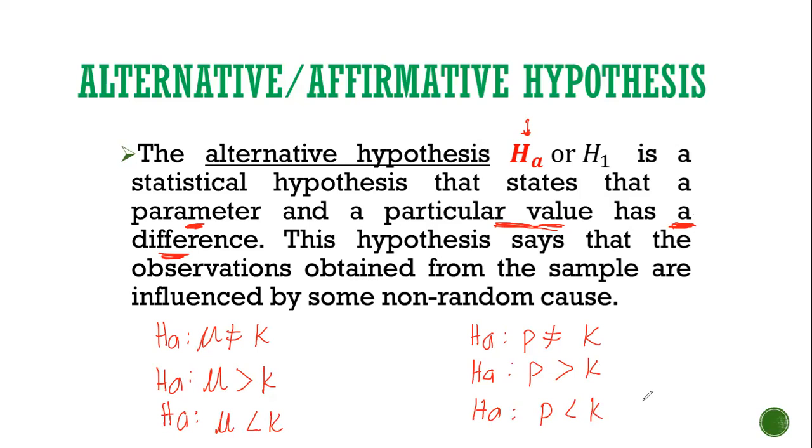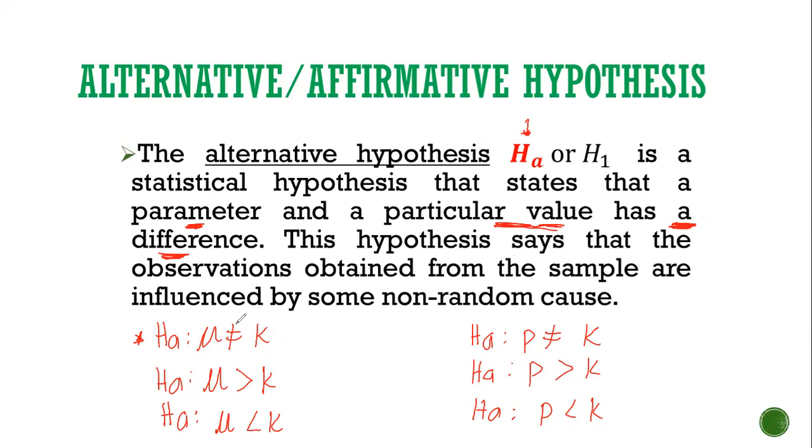Ulitin natin ha. Pag sa null hypothesis, no difference. Ibig sabihin, equal silang dalawa. Dito, there is a certain difference. Kaso, hindi natin alam yung difference. Kaya inonotate natin siya as first, not equal.